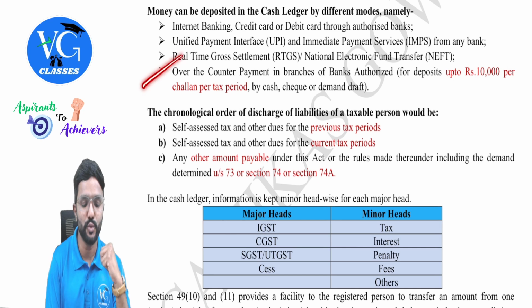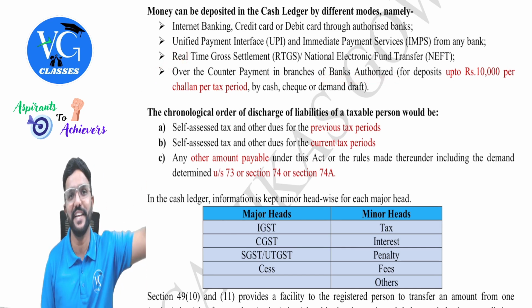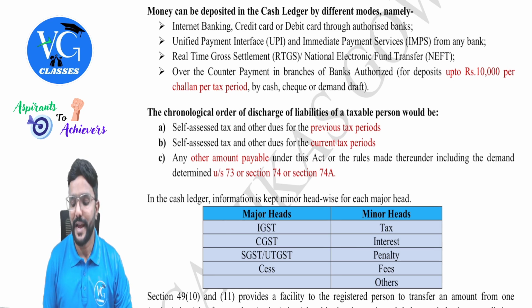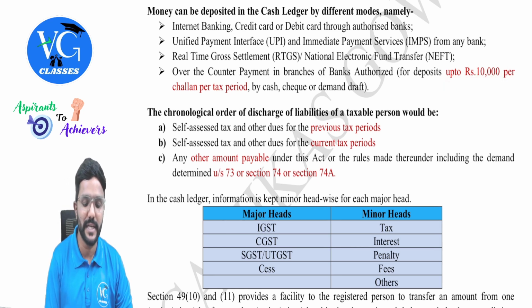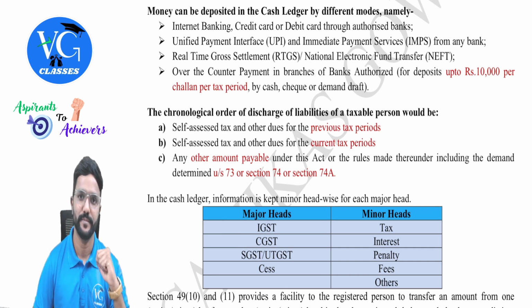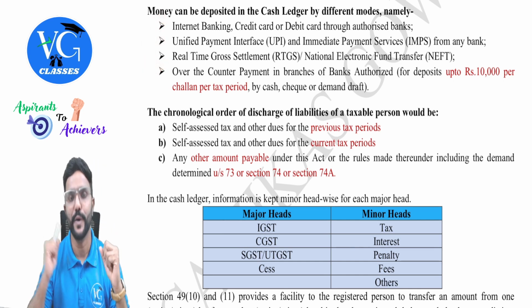The last one is over the counter payment in branches of bank, that is by standing in the queue, you have to go and deposit in the bank manually. But how much maximum, sir? 10,000 per challan per tax period. Per tax period, maximum you can deposit 10,000 in the counter. Rest all you have to deposit through online mode, guys.